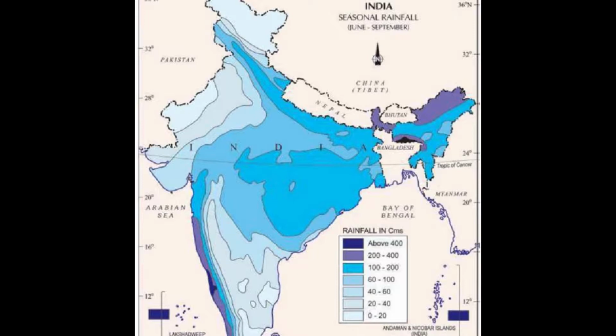According to these, the regions of heavy rainfall are the Western Ghats, the eastern parts of our country like Meghalaya, etc., and the southern slopes. Very low rainfall regions are Rajasthan, Leh, Ladakh, and the rain shadow areas of the Western Ghats. Moderate rainfall are the rest of the regions.